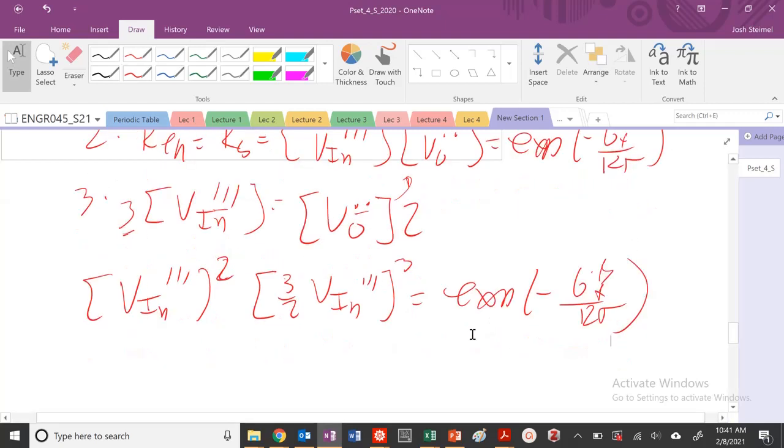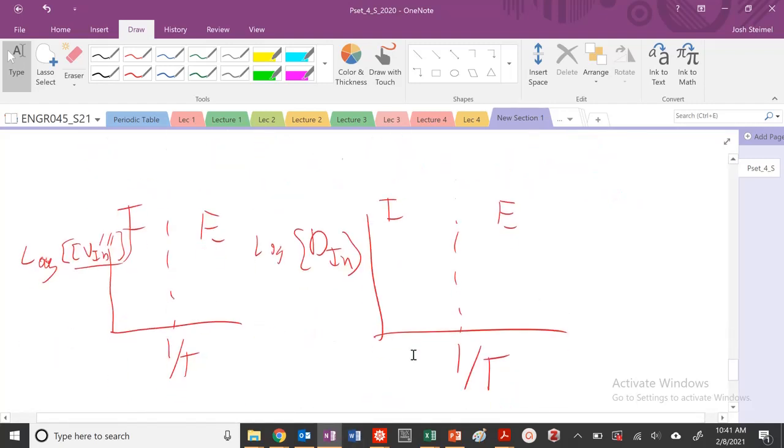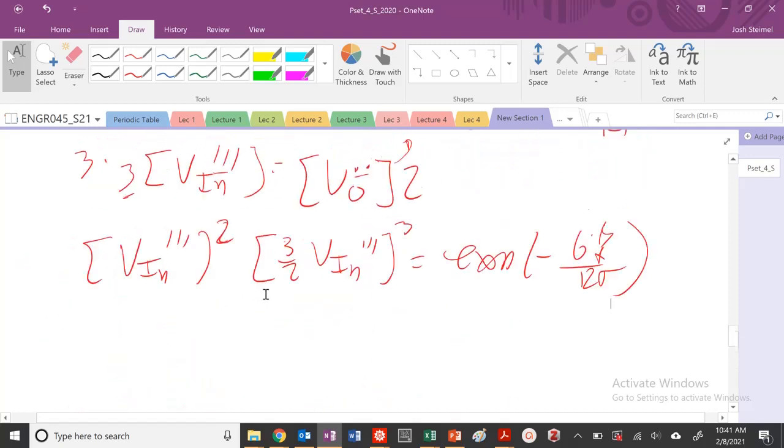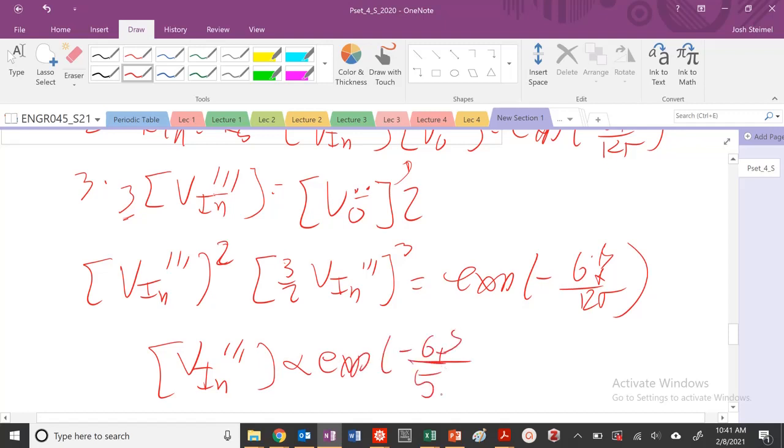I'm not really concerned about prefactors. Why is that? Because I'm asked to plot the slope as a function of temperature. So in the end, you'll see that this scales as exponential minus G formation of Schottky over 5KT.